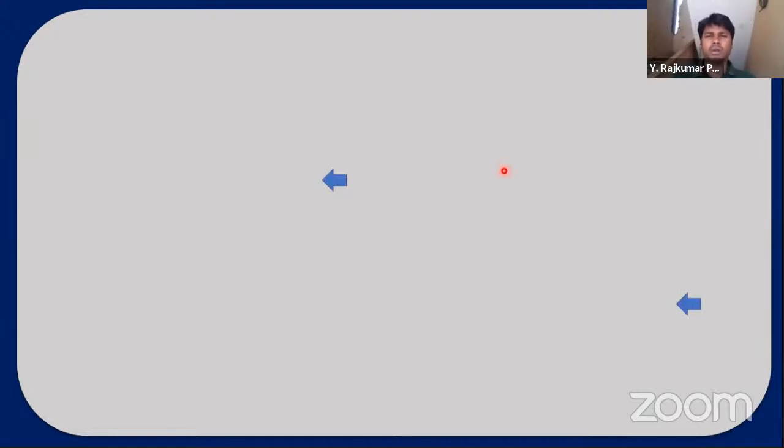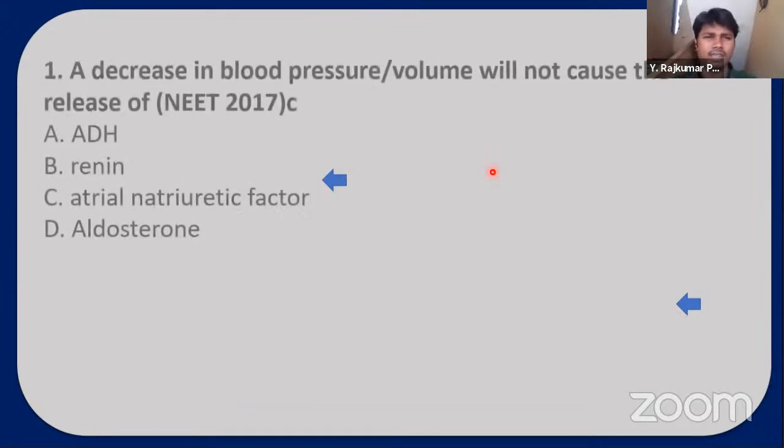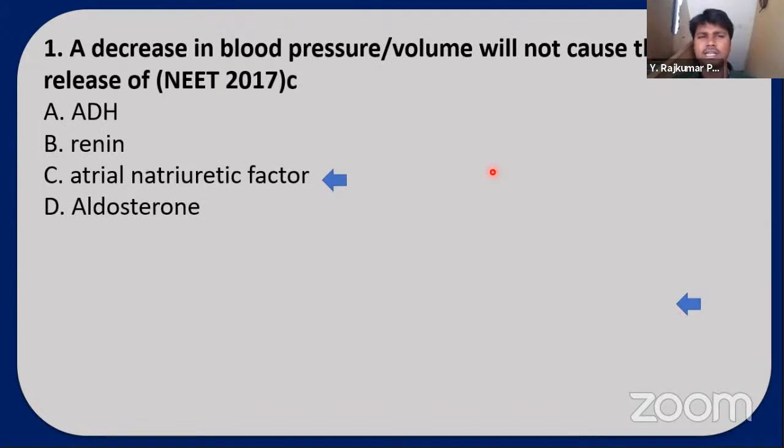See, we will go one by one. First, there are around 15 to 16 questions which previously came in the examination, and let's see what they are. First question, see on the slide. A decrease in blood pressure or blood volume will not cause the release of what?